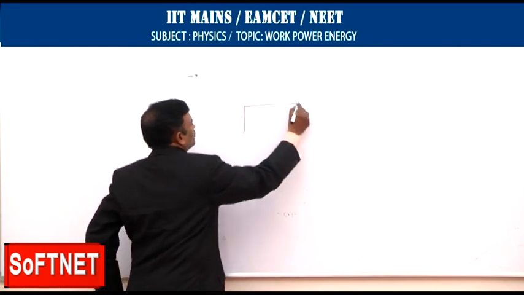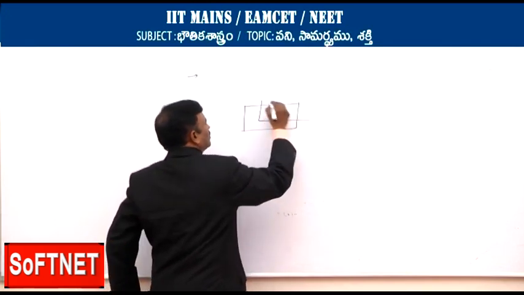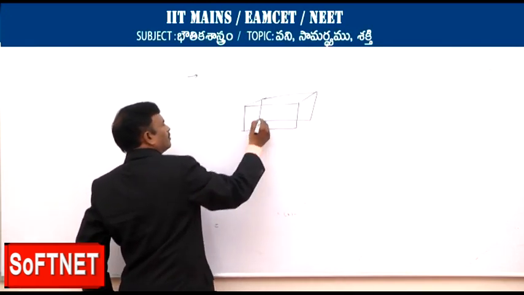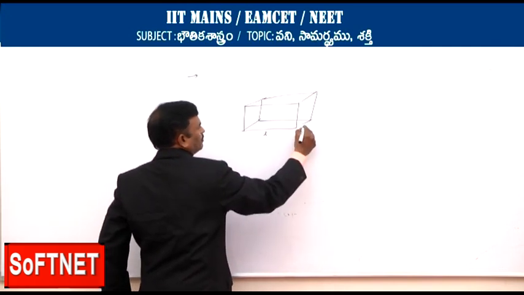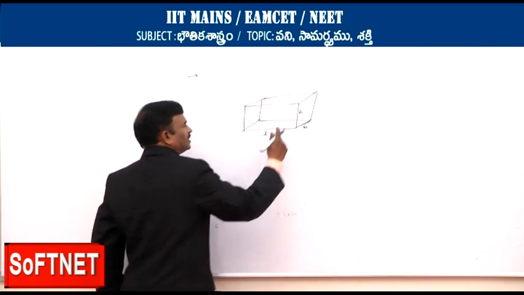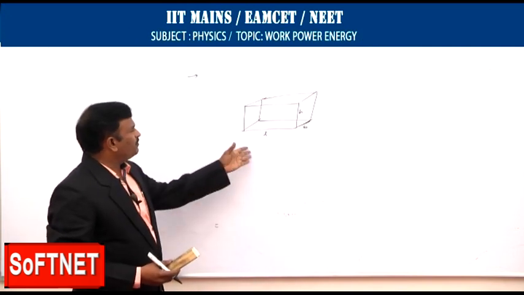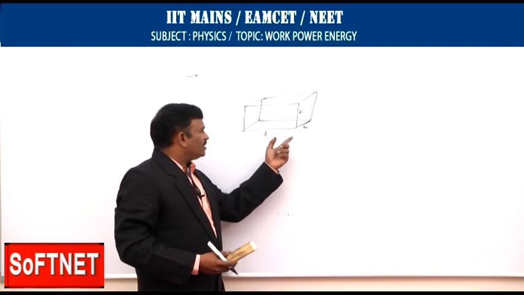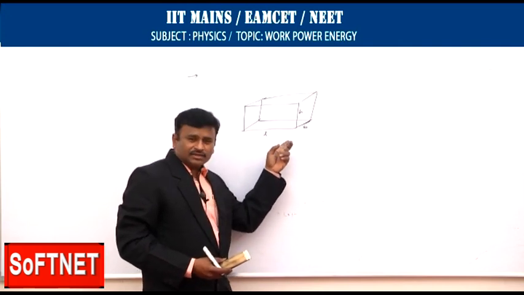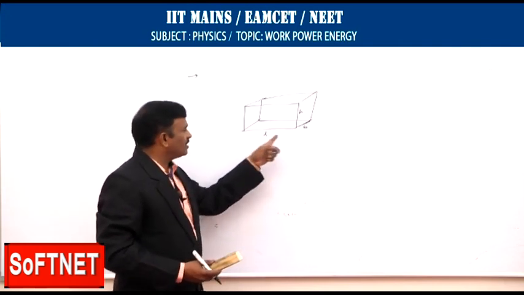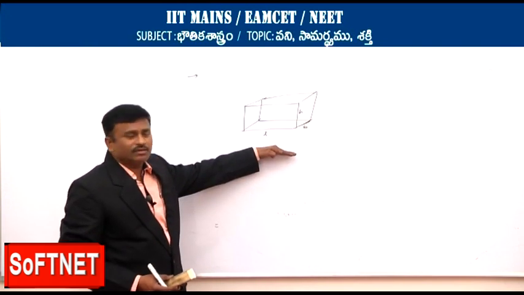First, a rectangular block of length L, breadth B, height h is resting on the surface. Now the question is: initially the wider surface area is in contact with the ground.